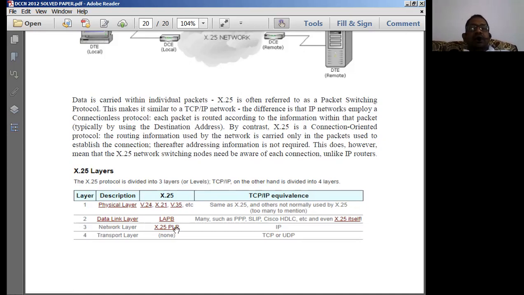And the data link layer, as in X.25. The data link layer supports LAN type of network, which we discussed in the last unit.